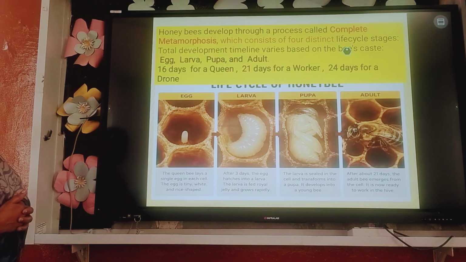The next stage is the pupa, where the larva is sealed in the cell and transformed into a pupa and develops into a young bee. Later on, after 21 days, the adult bee emerges from the cell. It is now ready to work in the hive. So these are the 4 stages: egg, larva, pupa and adult. And you are seeing that these are in the honeycombs.